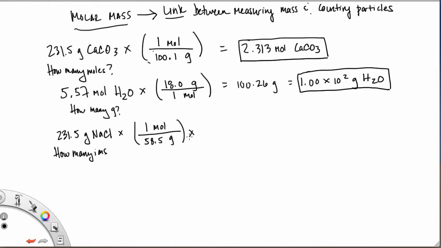Since I'm in moles, I can now convert to representative particles of the substance. A representative particle of sodium chloride is a formula unit. So how many formula units are in a mole of a substance? 6.02 times 10 to the 23rd. Now Avogadro's number is coming back into play. Anytime we're dealing with the number of particles in a mole of something, we use Avogadro's number.